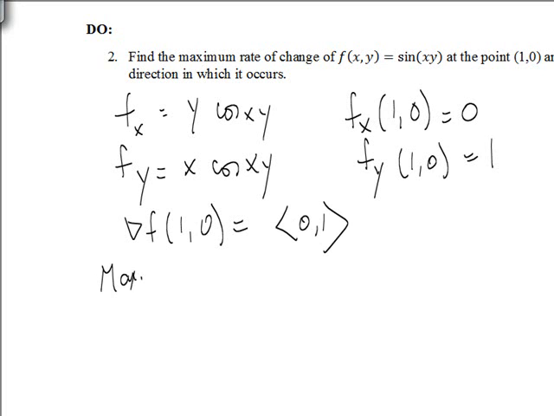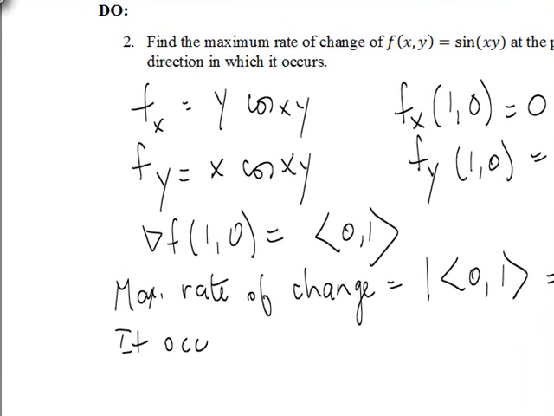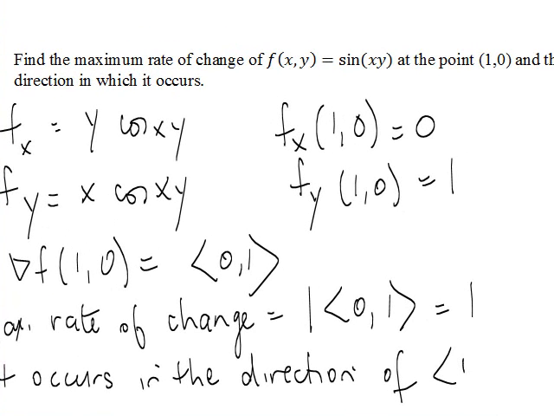And so the maximum rate of change is the length of the vector <0, 1>, which is 1. And it occurs in the direction of <0, 1>. Any questions?